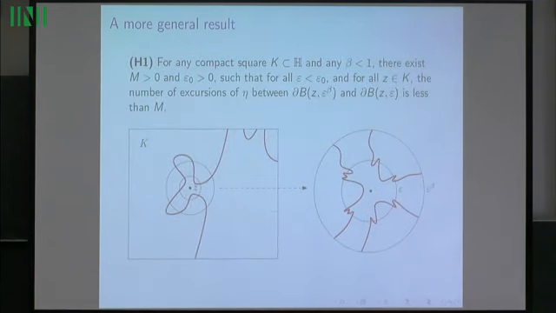Okay, so here the hypothesis H1 is just saying: if I fix some compact K and some parameter beta smaller than 1, I look at the annulus centered at some point inside K of radius epsilon beta to epsilon, and look at the number of crossings of the curve across this annulus, then there is some constant m such that this number of crossings is always less than m.